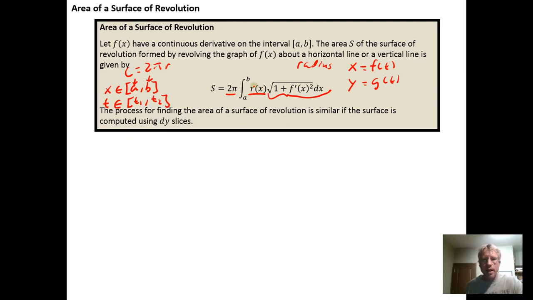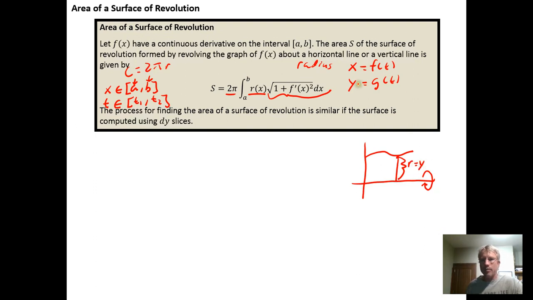So this is 2 pi times the radius as a function of x. If we are taking a parametrically defined curve and we want the radius for an x-axis revolution, the distance from the curve to the x-axis is the radius of revolution. And we want to recognize that this height, or the radius, is just equal to the y-coordinate.